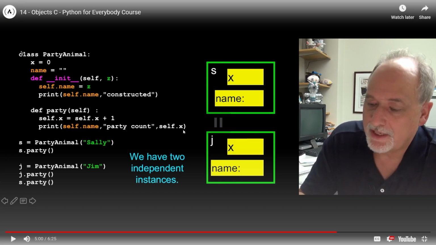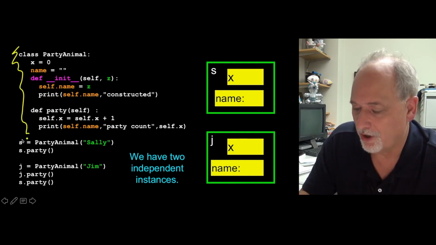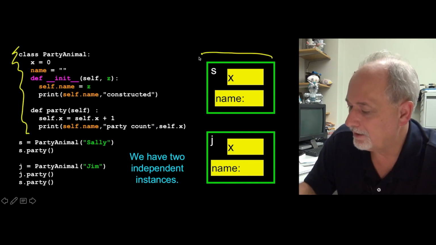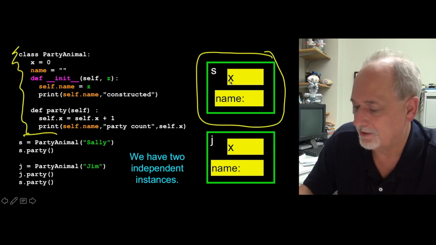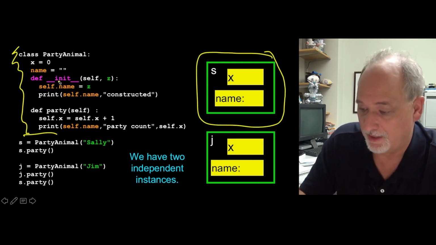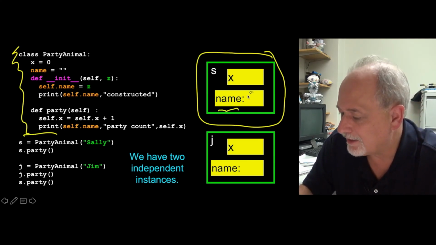As it runs down here, when this is called, it makes one instance and stores that in the variable s. There's a variable x in there, there's a name in there, there's an init method and party, and all that stuff is in here. And that's going to have Sally in there.